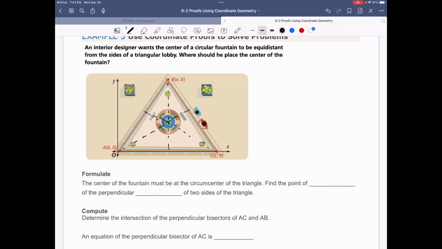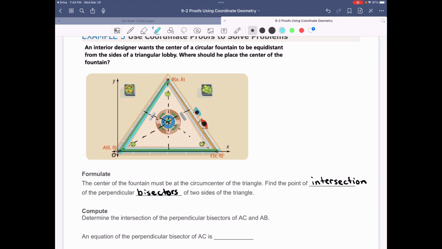So we want to find the point of intersection of the perpendicular bisectors of two sides of the triangle, right? We don't have to figure it out for both because all three of those lines intersected at the circumcenter. So let's just use the intersection of the perpendicular bisectors of AC, which is here, and of AB, which is here.